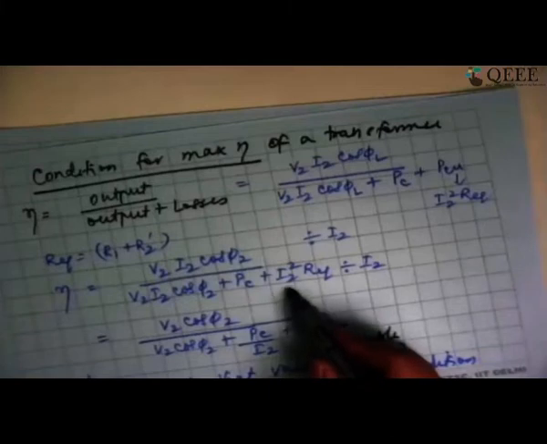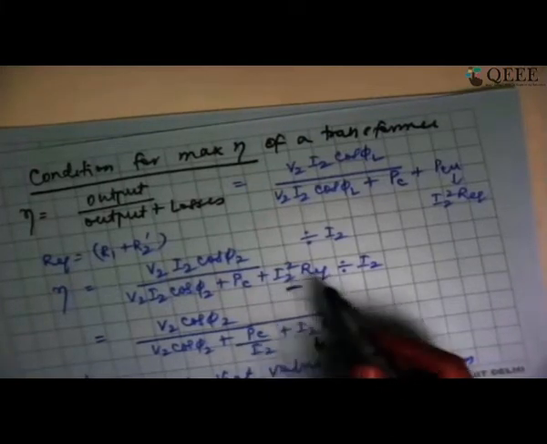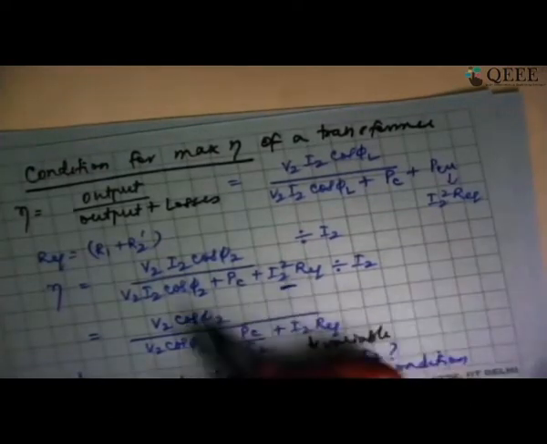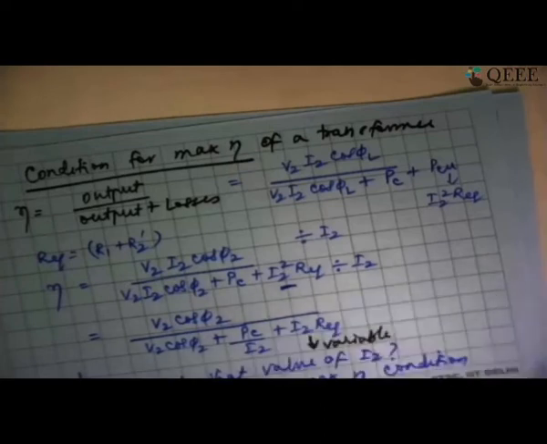When you differentiate a second order term, things can be a little more difficult. Just to make it a first order term, we divide by I2 so that we get I2 R equivalent and PC by I2. All of them are first order terms, nothing more than that. That is the reason why we are doing this. You don't have to divide by I2, it's not a must.